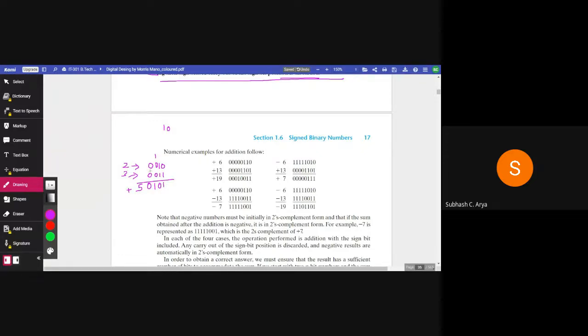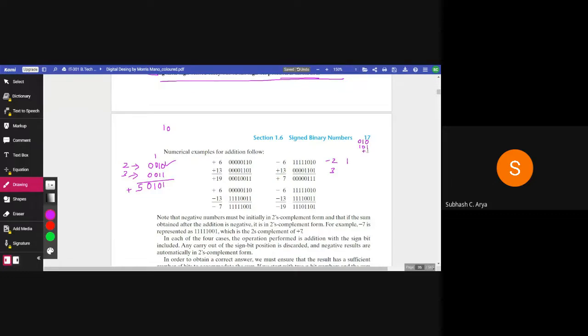Okay. Now let us take this one. We have to write -2 and you have to write 3. So how can we write -2 in 2's complement form? Let us write the magnitude first: 0 1 0. Then take the 1's complement, which will be 1 0 1.